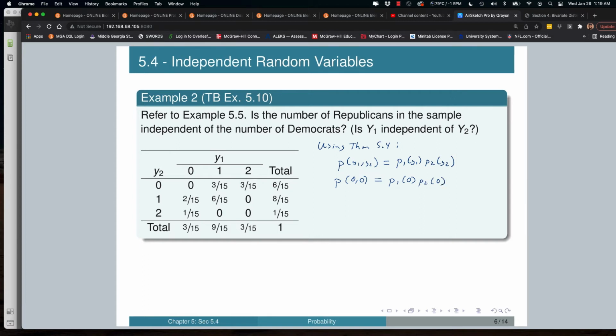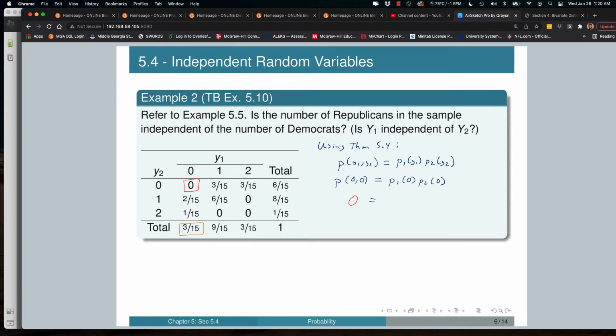If I look at my table, p of 0, 0 is represented by the 0 right here. That's the probability of that. And that's equal to the individual probabilities. So p sub 1 of 0 is going to be this 3 over 15, this column total for y sub 1 when it's 0.